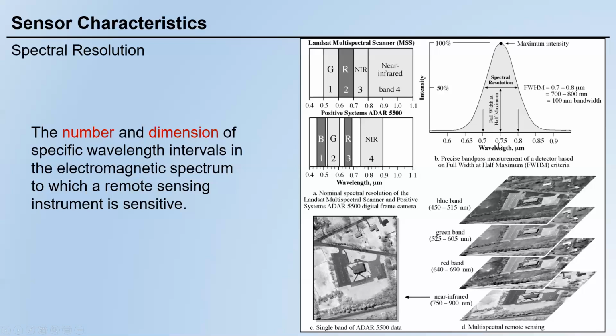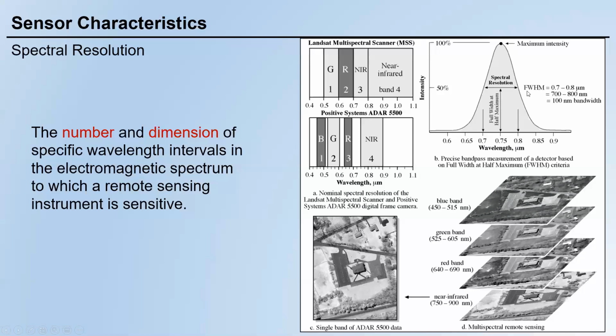Around 0.75, that's where this band can receive the most energy. After that, its ability to receive energy drops dramatically again. So only the energy from 0.7 to 0.8 can be effectively received by this band.